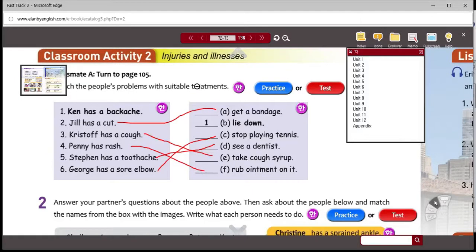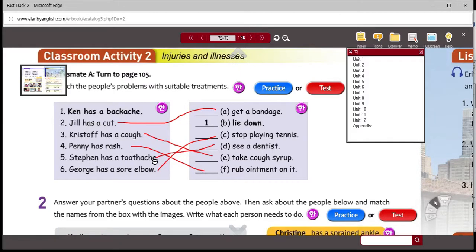All right, so student B, these are the matches for your problems and treatments. Okay, so Jill has a cut, get a bandage. Christoph has a cough, take cough syrup, okay, but not too much. Penny has a rash, okay, she can rub ointment on it, so some sort of gel product.